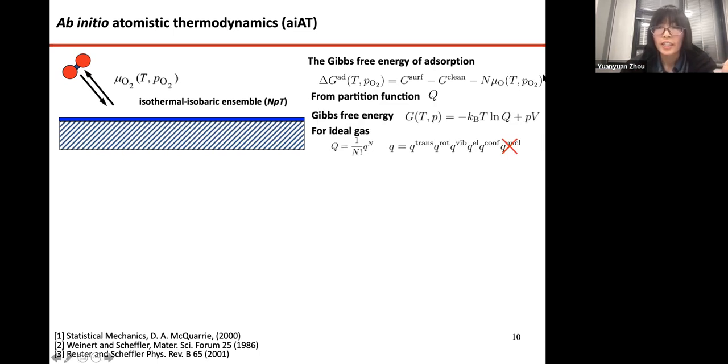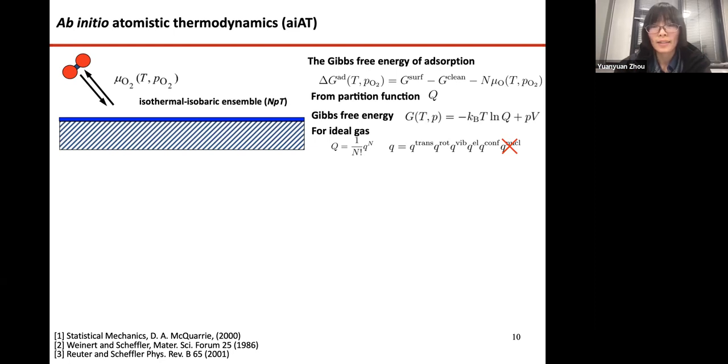And the Gibbs free energy is calculated, sorry, here I use partition function Q, it's just the default symbol, the same as before, the partition function. So we know that the Gibbs free energy can be calculated by minus kBT logarithm of the partition function plus the PV term. If we know the partition function, we can directly calculate the Gibbs free energy, but for these complicated systems, we don't know.